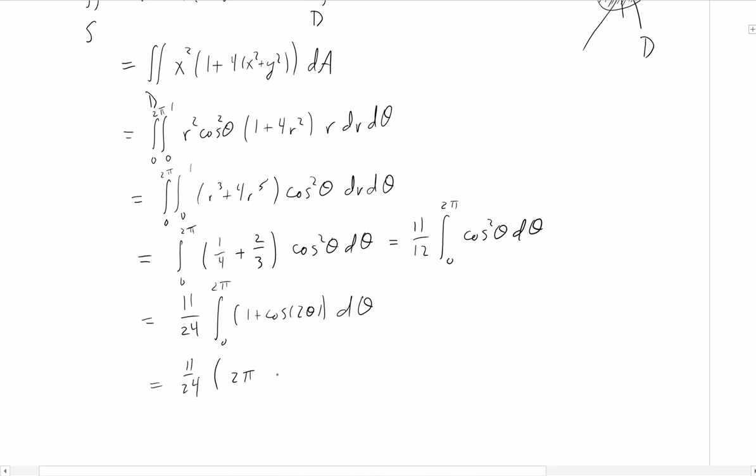Integral of cosine 2 theta is 1/2 sine of 2 theta. And we have to go from 0 to 2 pi. But when we plug in 0 and 2 pi, we get 0 both times, so this is just 0 minus 0. So in the end, our final answer is just 11 over 12 pi.